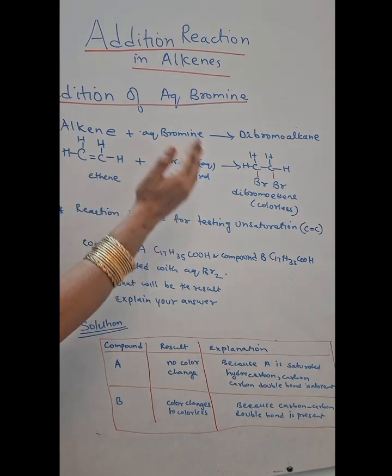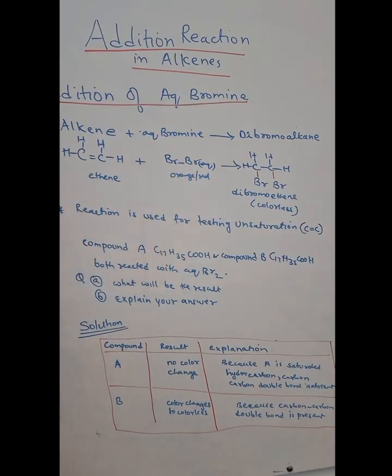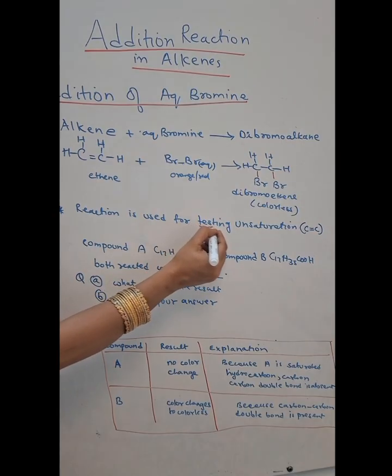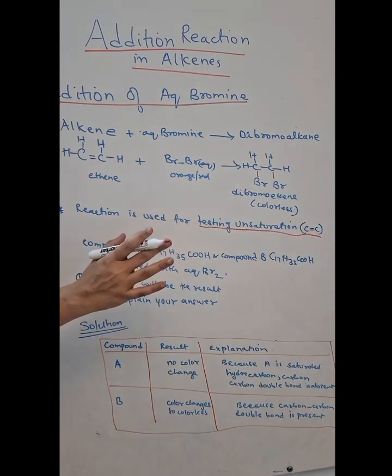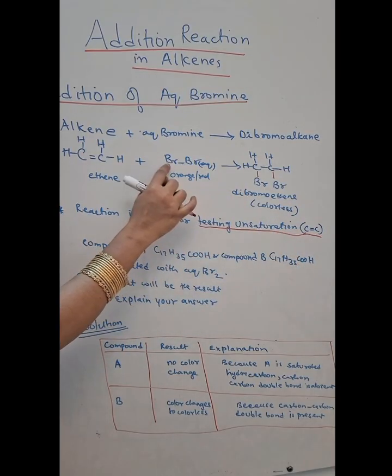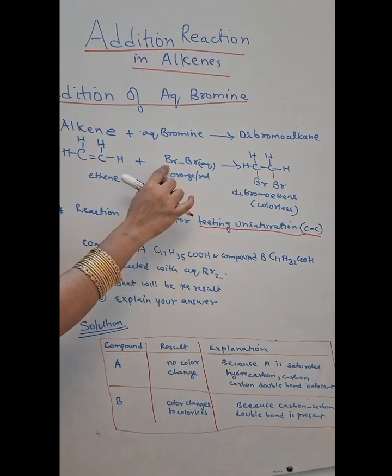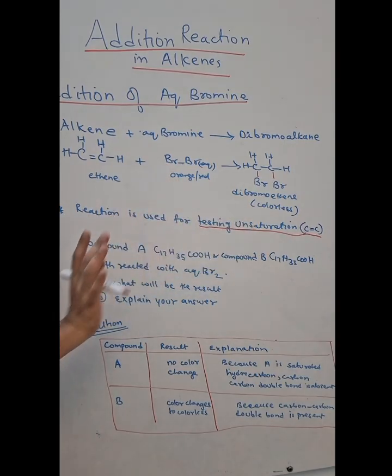Now this reaction is very important because this reaction is used for testing unsaturation. What does it mean? In an organic compound, if a carbon-carbon double bond is present and we add bromine water to it, the color of bromine water will change to colorless, and this will indicate that a carbon-carbon double bond is present. Getting my point?